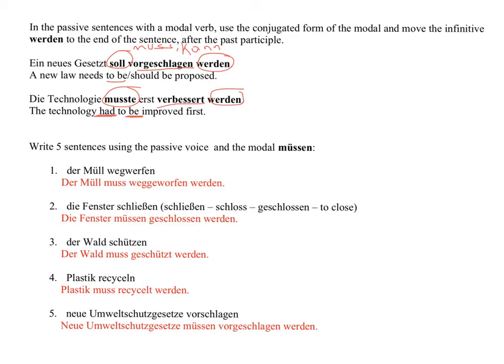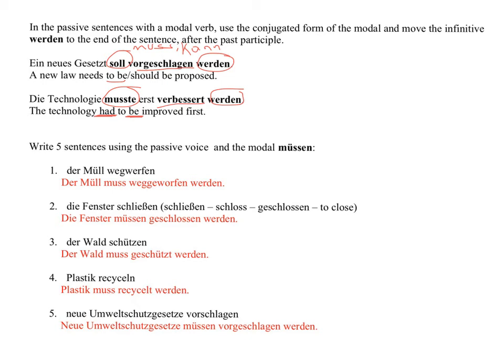So again, if I wanted to use a different verb there, maybe it's sollte. Die Technologie sollte erst verbessert werden. The technology should, past tense, first be improved. Or können becomes konnte. Die Technologie konnte erst verbessert werden. The technology could first be improved.